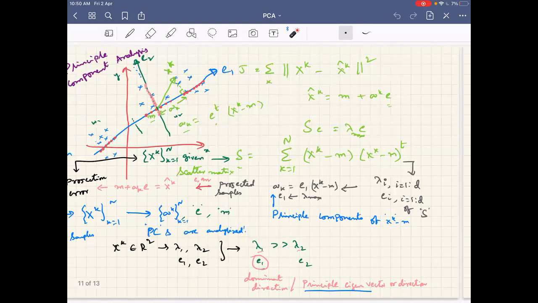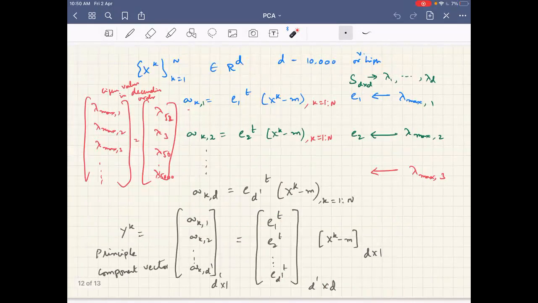Subsequently, we discussed that if the input dimensionality is very high, we can consider projecting onto D dash dimensions, obtained from the corresponding eigenvectors after sorting the eigenvalues of the scatter matrix.